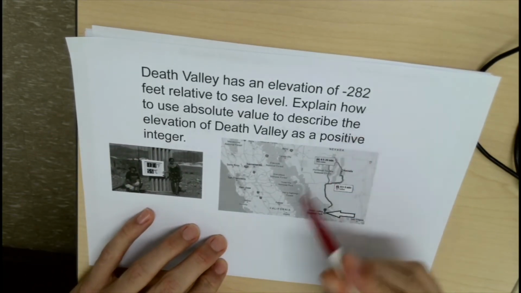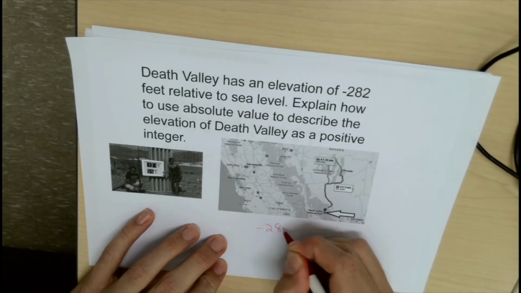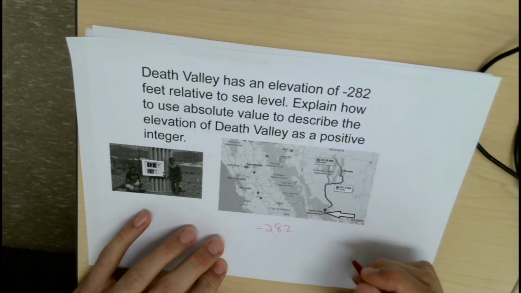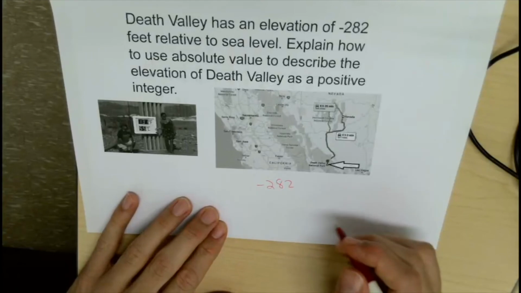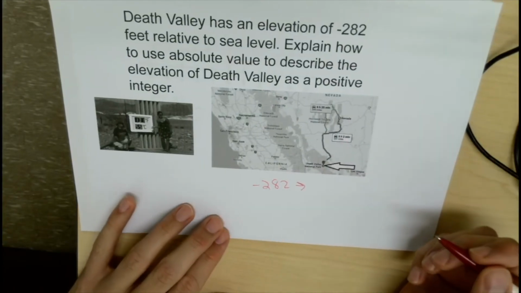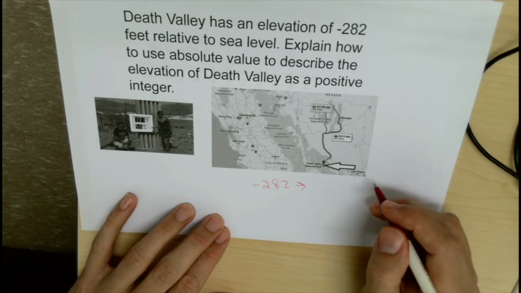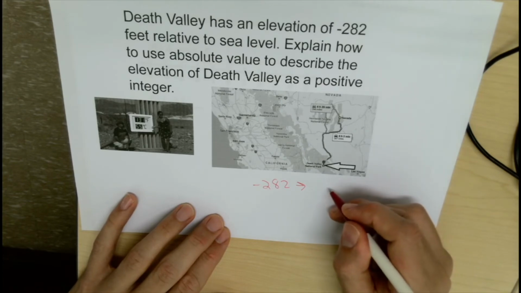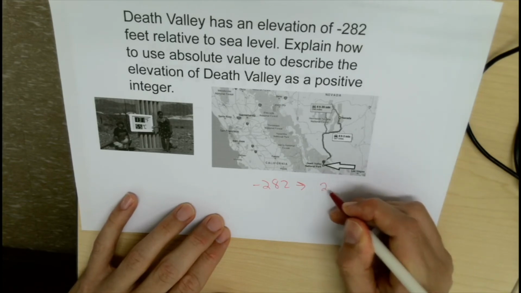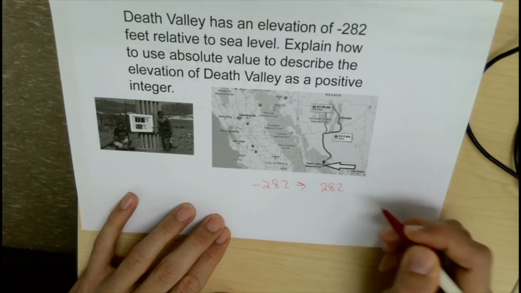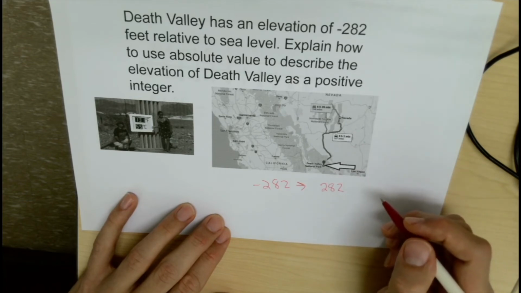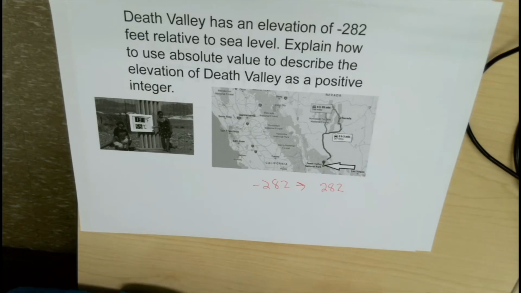So if we're at minus 282 feet relative to sea level for our integer, how can we write this as a positive integer? Well, first of all, what is the absolute value of minus 282? It's 282. Now, we basically want to write this in words instead of numbers.